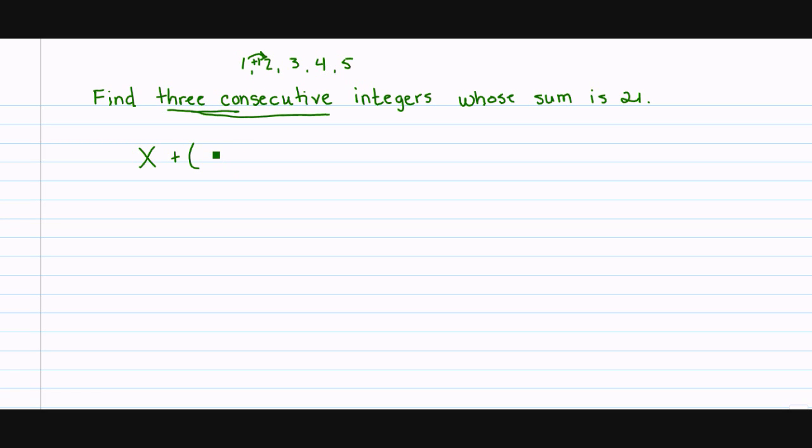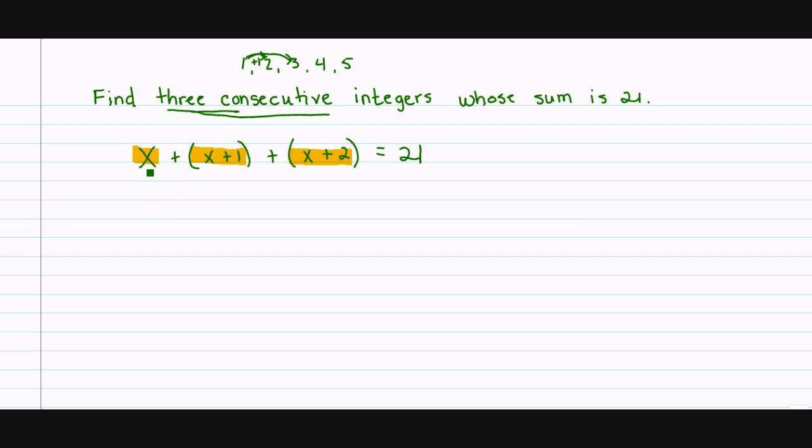Well, I add whatever I start with plus 1. How do I get from 1 to 3? I add 2. So that gives me 3 numbers whose sum equals 21. This is my first number, this will be my second number, and this will be my third number.